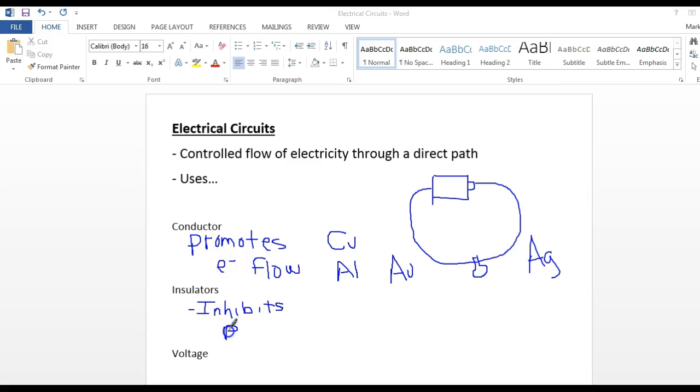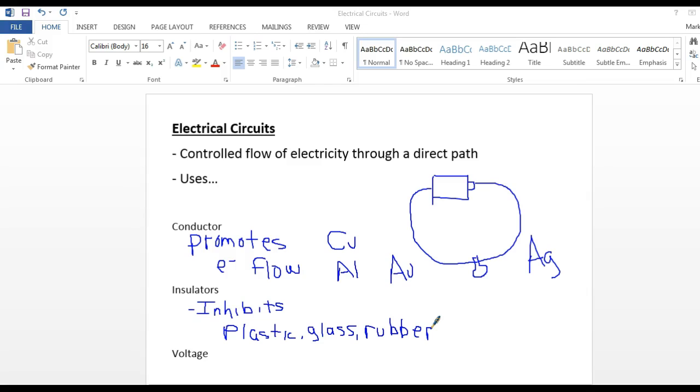Usually plastic, glass, air is pretty good, rubber, and usually you wrap a conductor with these to keep the electricity within the path, because if you don't, they're just going to look for something else, some other substance to travel through.